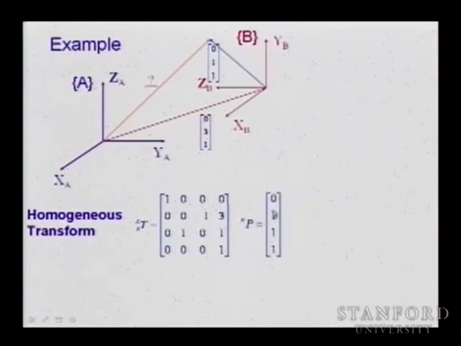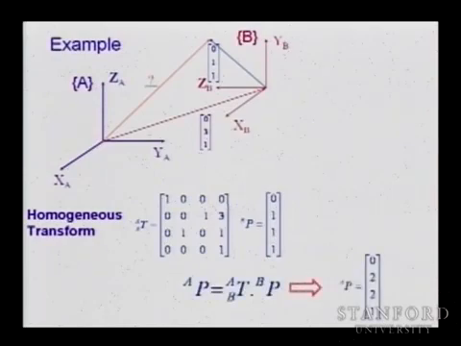So we take the 0, 1, 1, we add 1, and the multiplication leads to 0, 2, 2, and 1. You drop the 1. The answer is 0, 2, 2. So if you look over there, this was happening in this plane. So essentially, here we have 1, and this is 2, and 1 and 2. So it's just 2, 2. Okay? Clear?